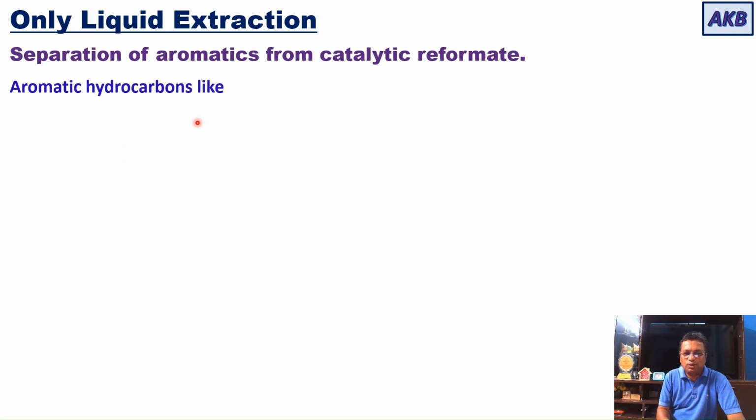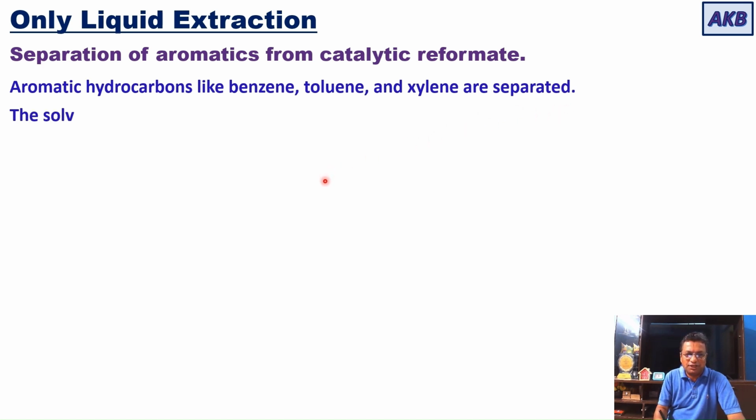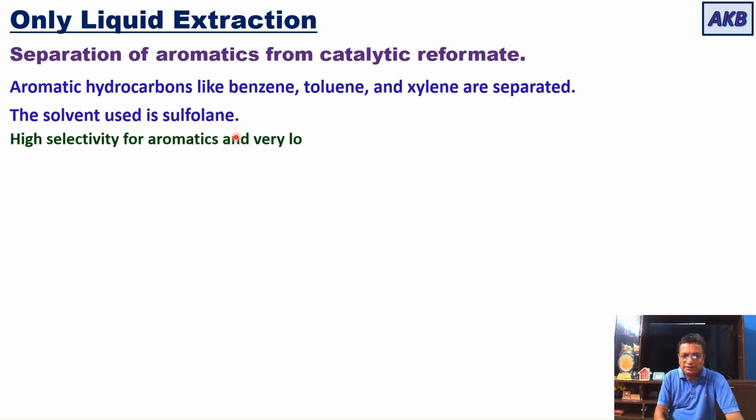Aromatic hydrocarbons like benzene, toluene, and xylene can be separated by using liquid extraction. The most popular solvent which you can use in this extraction task is sulfolane. What are the reasons? It has high selectivity for aromatics and it has low volatility.